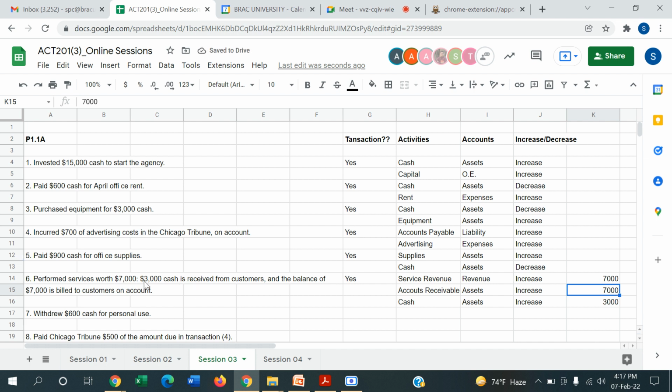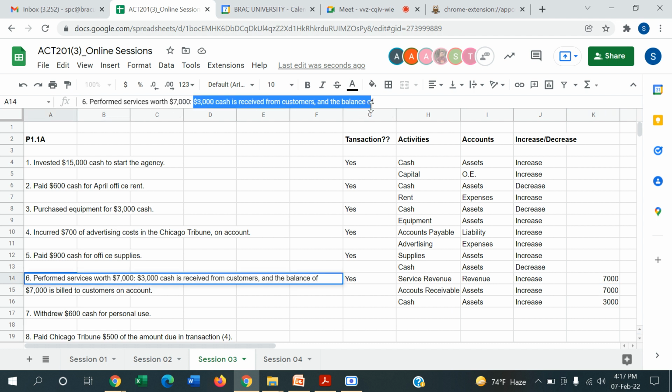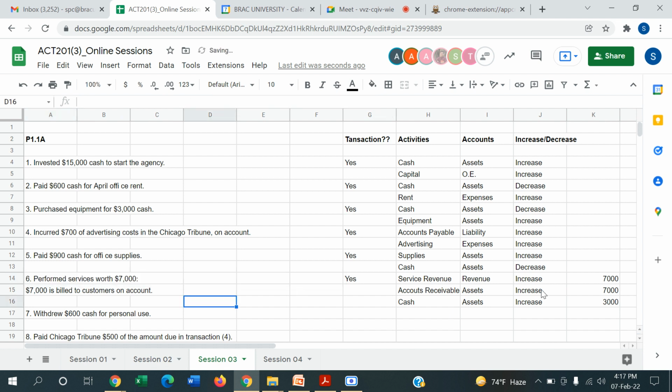No. So one is service revenue, another one is accounts receivable.